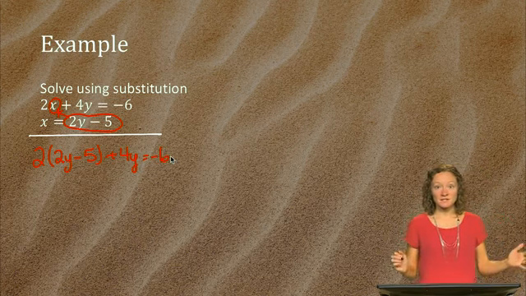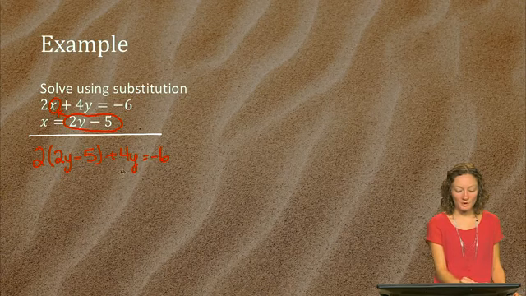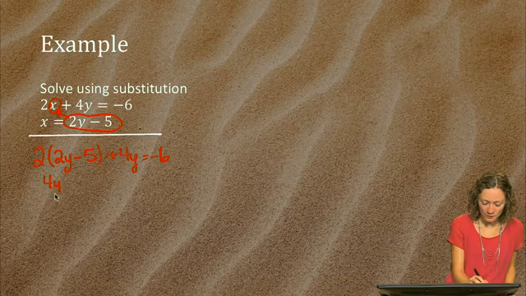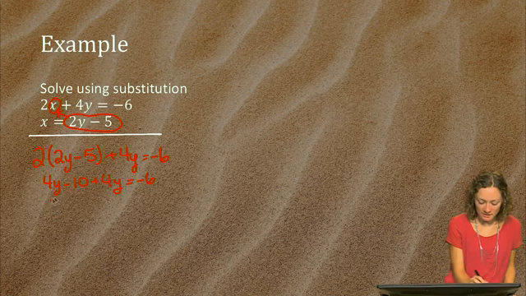Then the next step says solve for that variable. So at this point, we have an equation with one variable. We can solve it. Distribute the 2, 4y minus 10, plus 4y equals -6. Combine like terms. Add 10.